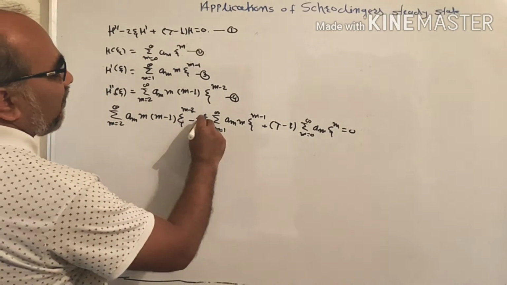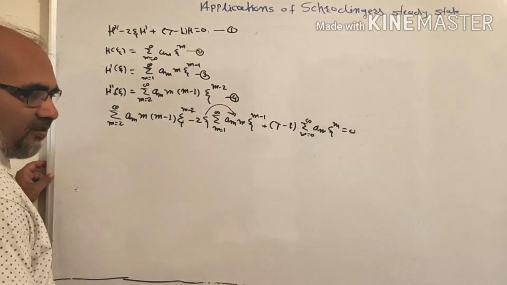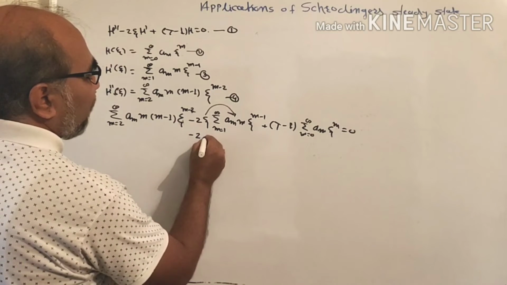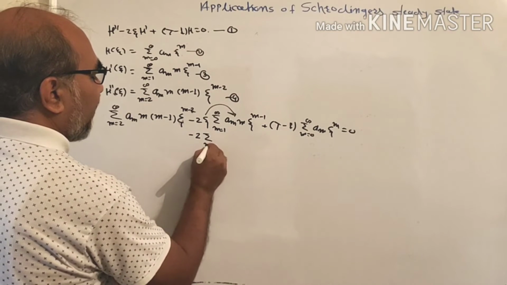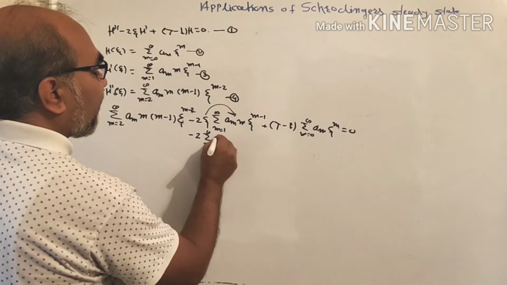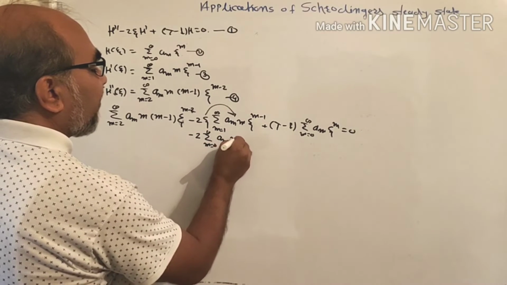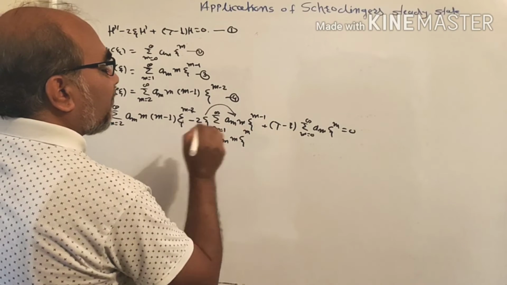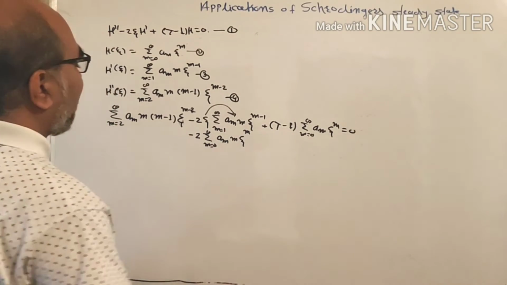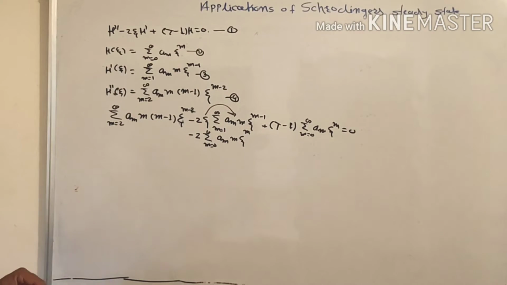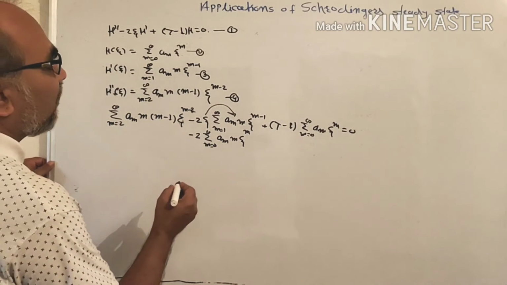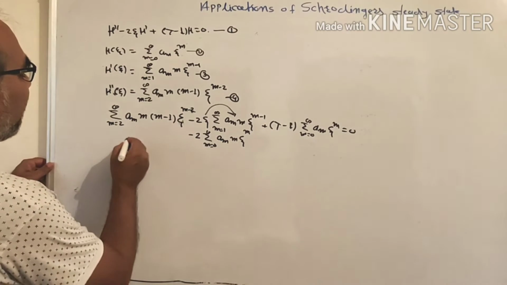Now this zeta is taken inside, we have minus 2 summation m tends to 0 to infinity a_m m, and the m minus 1 will cancel and this becomes zeta raised to m. Okay, these two remain the same, and then we can write the final expression.